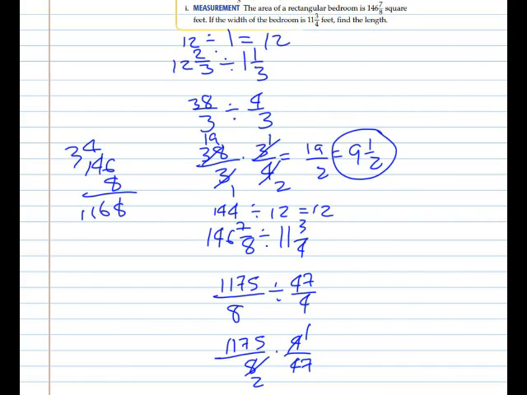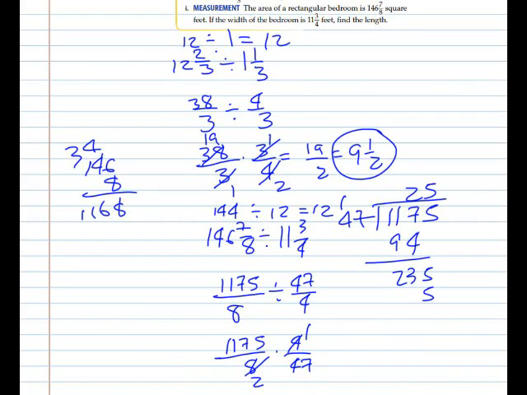1175 divided by 47 is going to be 25. 94 gives me 6, 235 looks to be about 5.